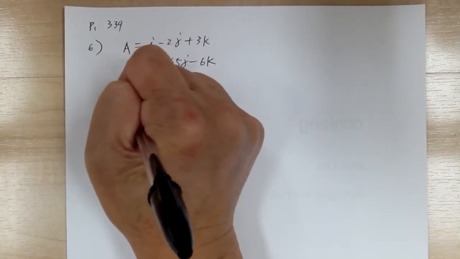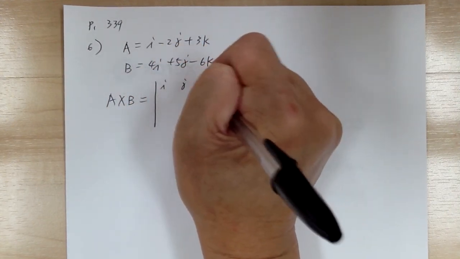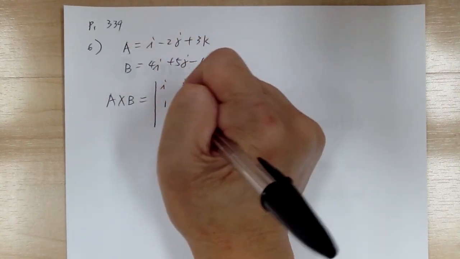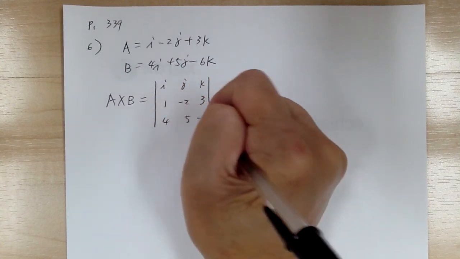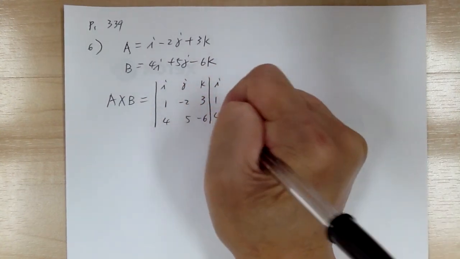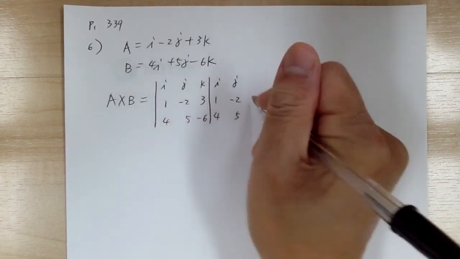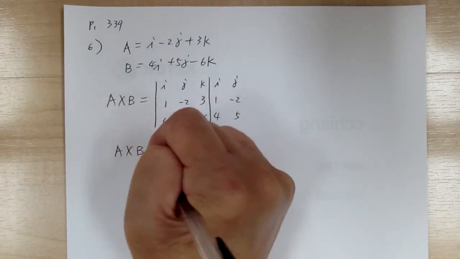So A cross B equal to, so you got i, j, and k. So vector A is going to be 1, negative 2, 3, and the B would be 4, 5, negative 6. Copy the first two columns. So you can line up things nicely, so when you do diagonal, you can avoid mistakes.